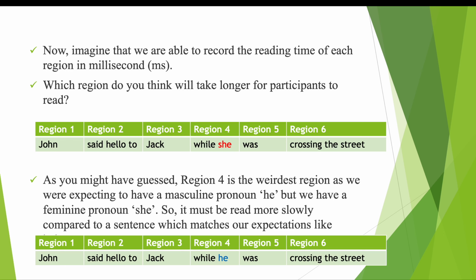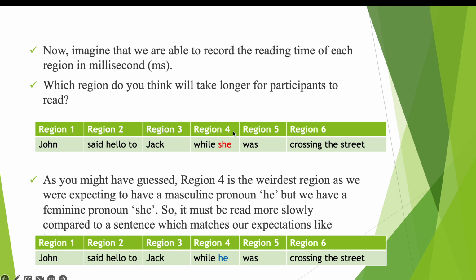All right, as you might have guessed, region 4 is the weirdest region, because as you can see here, in region 1 and region 3, we have two male antecedents, but in region 4 we have suddenly a female pronoun, which we are not expecting to have here.